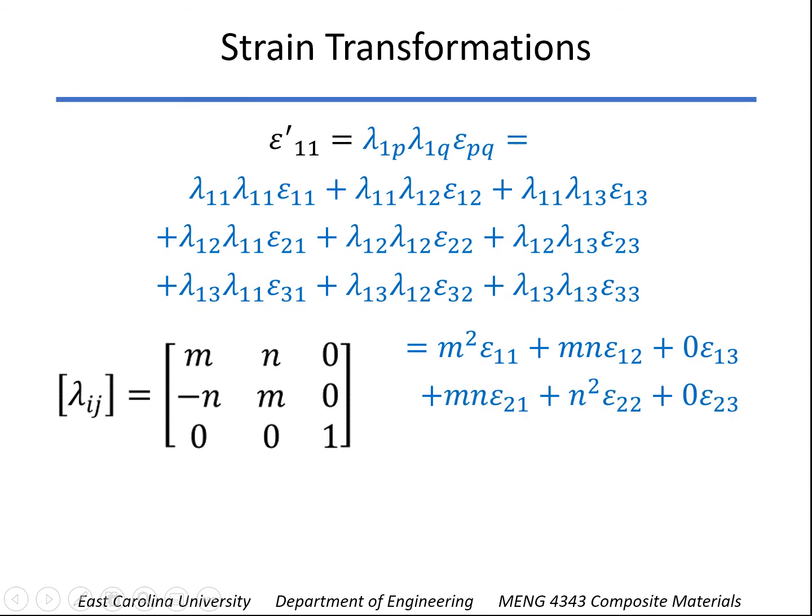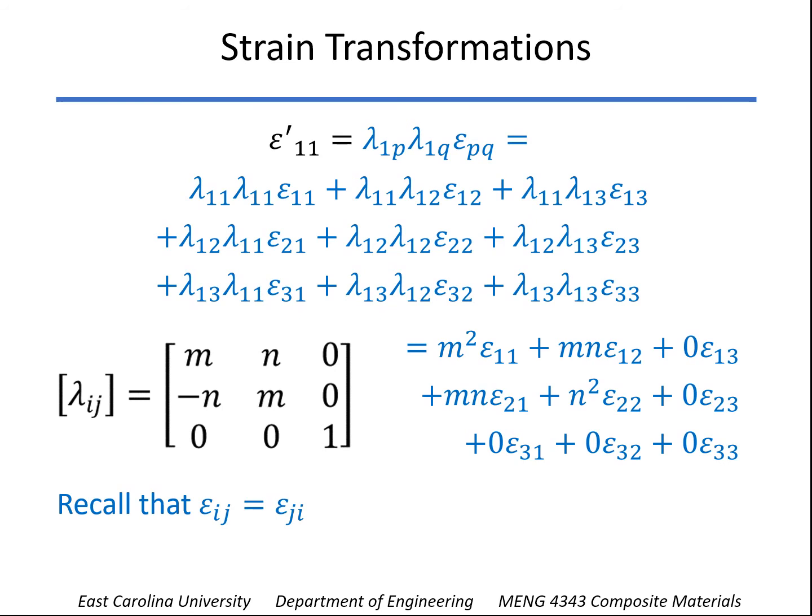The second row, you can again see lambda 1,2 times lambda 1,1 is going to be sine times cosine. Lambda 1,2 times lambda 1,2 is the sine squared, n squared, and again 0 for the last term. Going across the bottom, we have 0, 0, and 0.